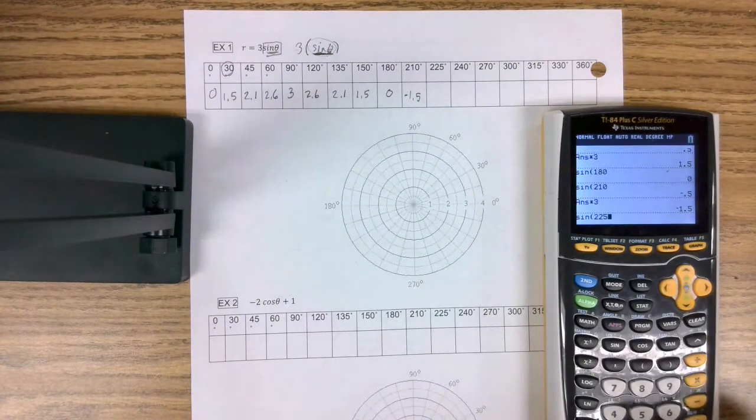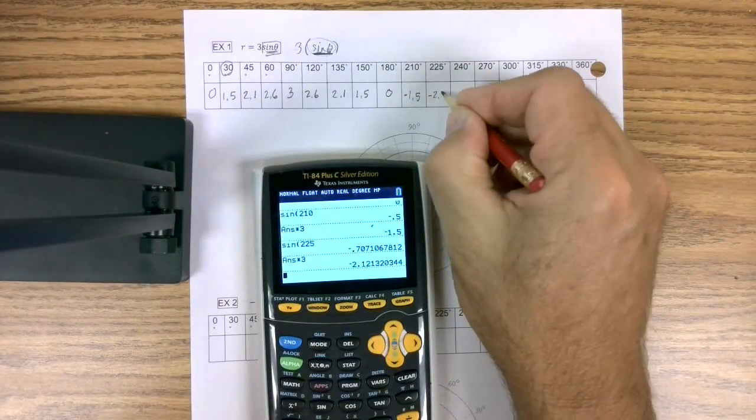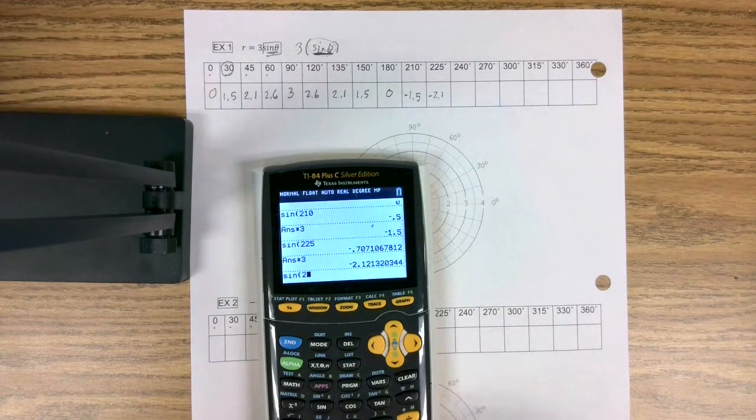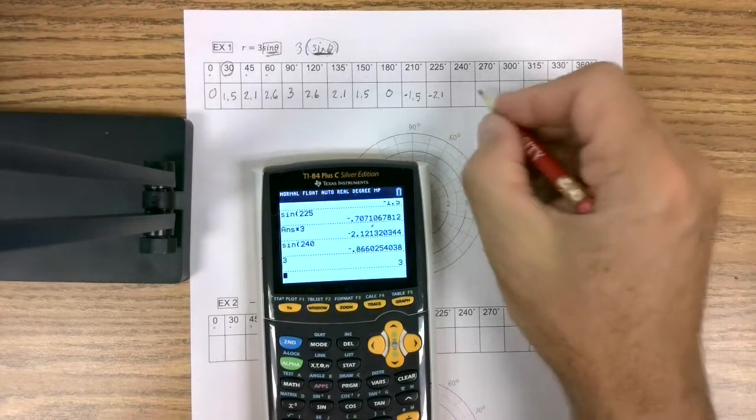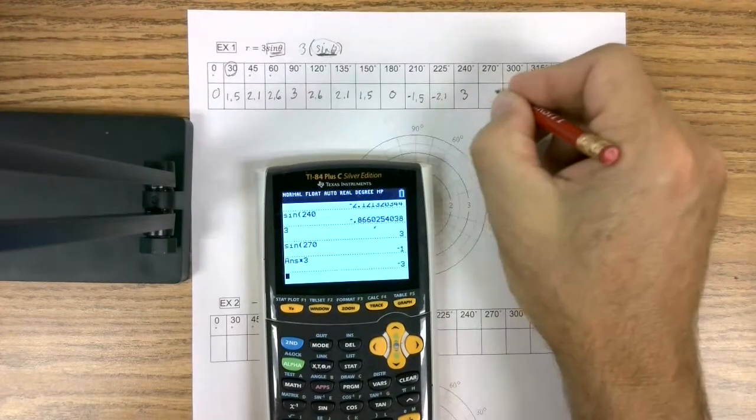Sine of 225, enter, times 3, negative 2.12. I'll just call it negative 2.1. Sine of 240 times 3 is negative 2.6. Sine of 270, enter, times 3 is negative 3.